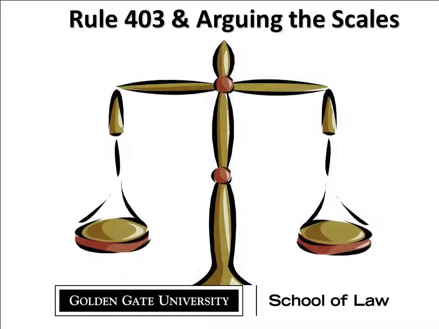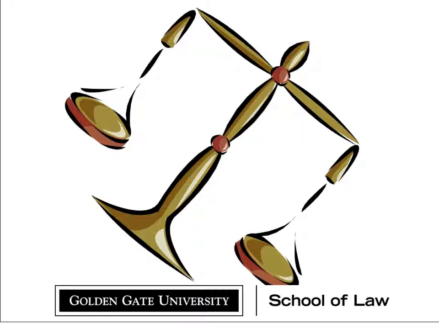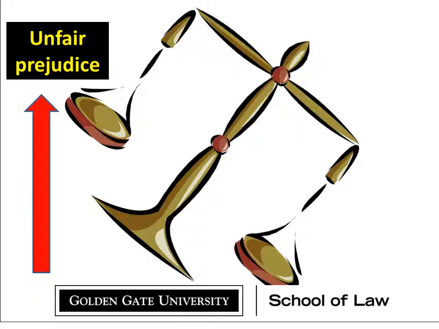So let's look at this scale. It's not going to look like this when you argue 403. It only goes one way, and that one way is really pushing up. If you're the opponent, you're the one arguing 403, you're saying the proponent is doing something that has unfair prejudice or one of these other dangers, you have to dial it up and articulate in your argument what's unfair and what's unfairly prejudicial about it.